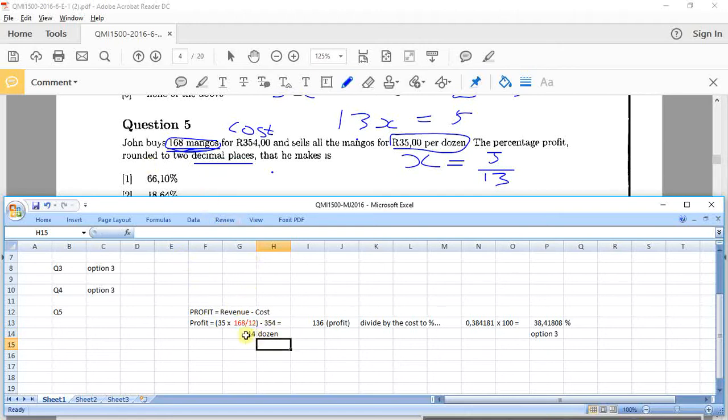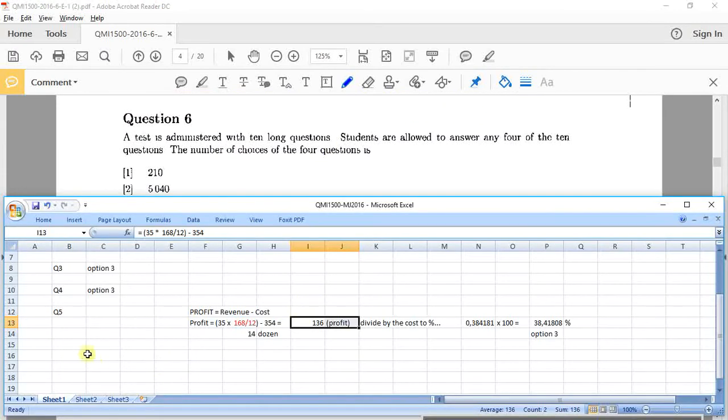So he sold 14 boxes of 12 at 35 Rand a box. So that made a revenue amount. Revenue is 35 Rand times the number of boxes. And then minus the cost gave you the profit. So that's the profit he made. As a percentage, you divide it by what he spent. His investment, basically.